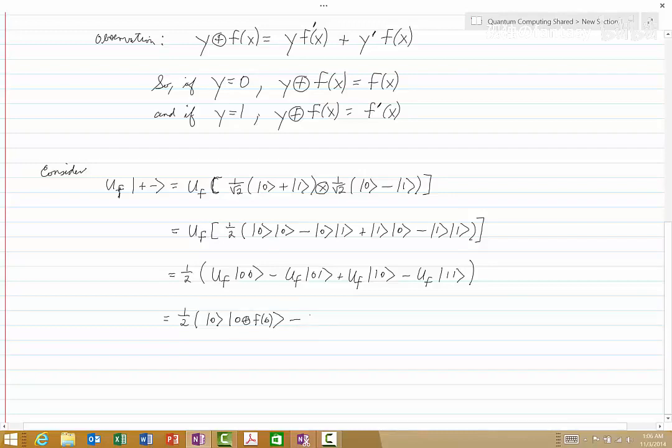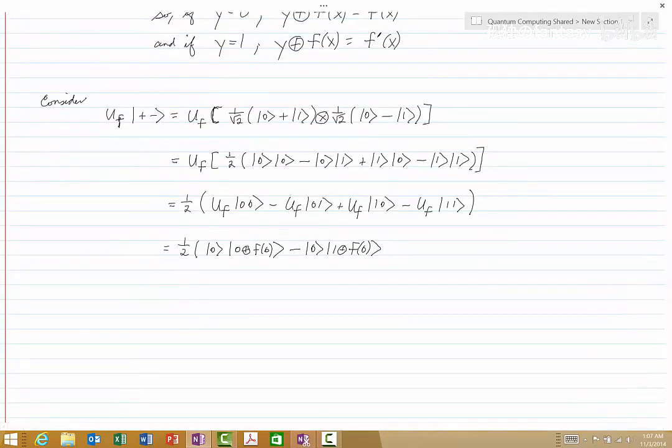Now for the second one, we'll have, again, the first qubit is always the same, so 0, and then the second one will be 1 exclusive or f of 0.